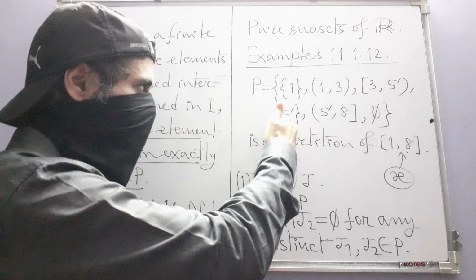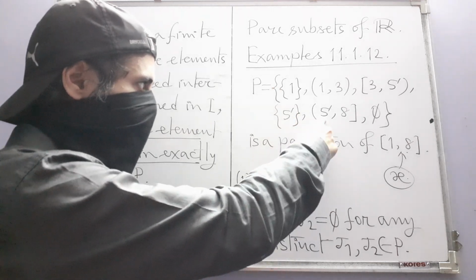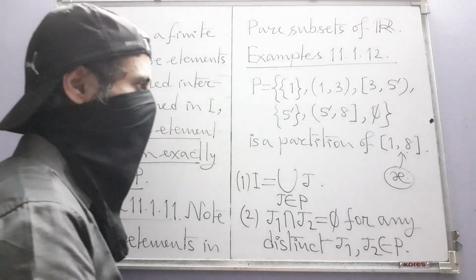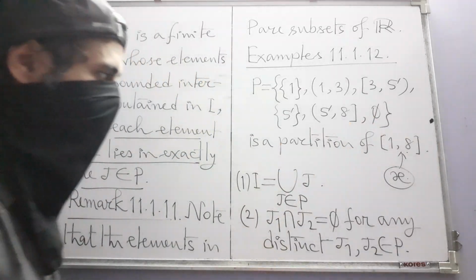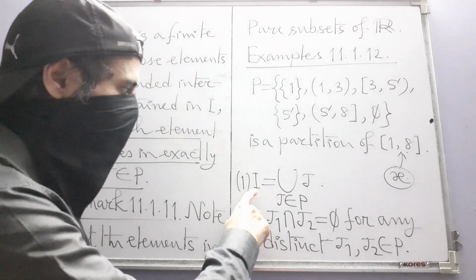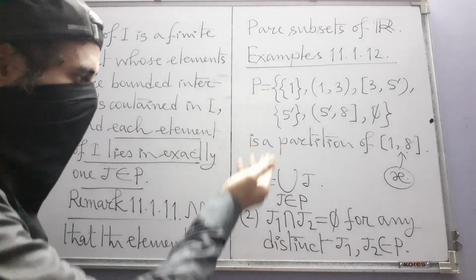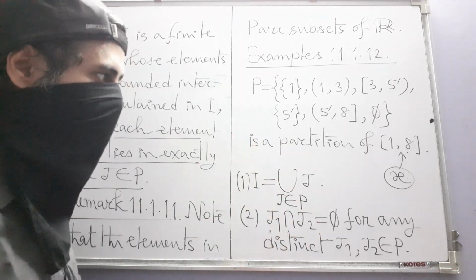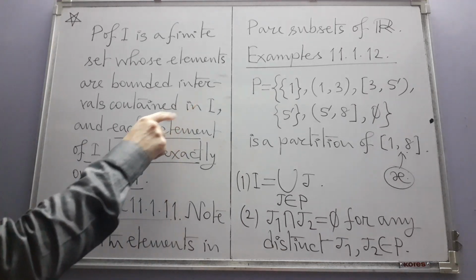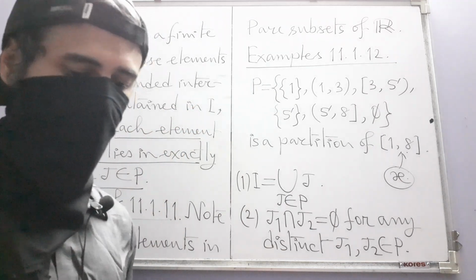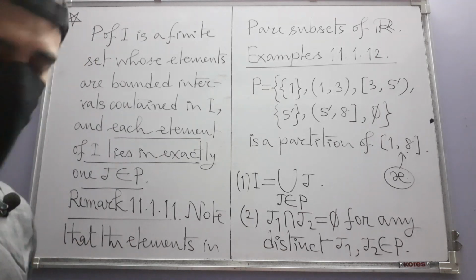Then all the numbers starting from the right hand side of 5 all the way up to 8, including 8. So yes, you are covering this fully, and that's why I is the union of all these intervals. And you can clearly see that the intervals are mutually disjoint. So the last condition is also true for this P, and that's why this is a partition of the given interval 1, 8.